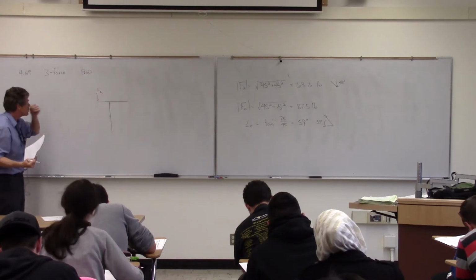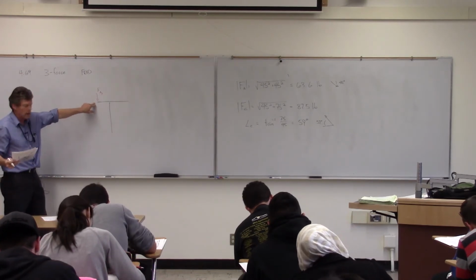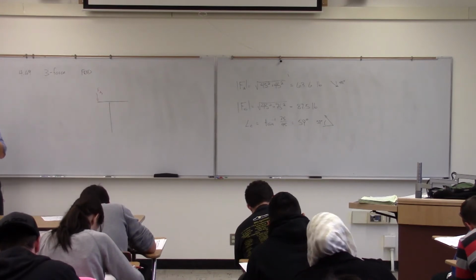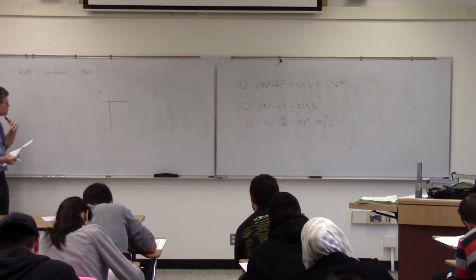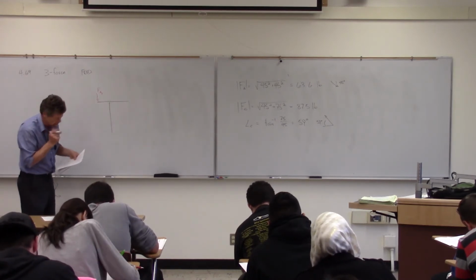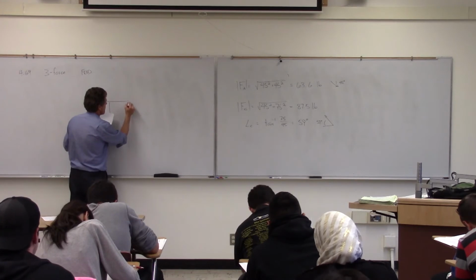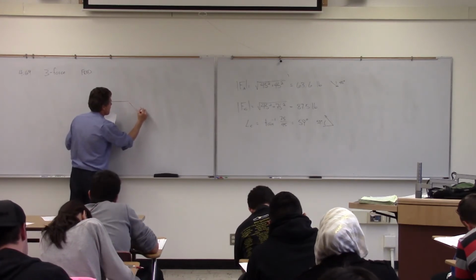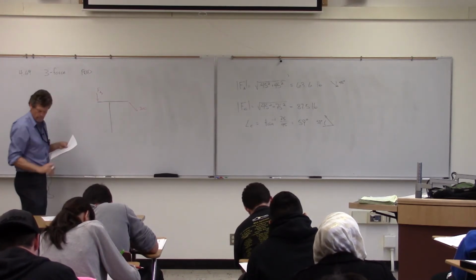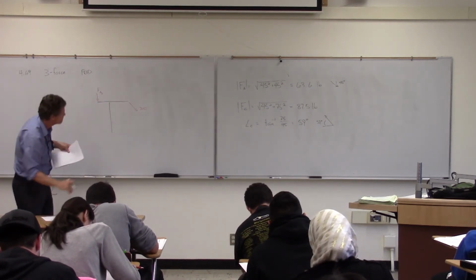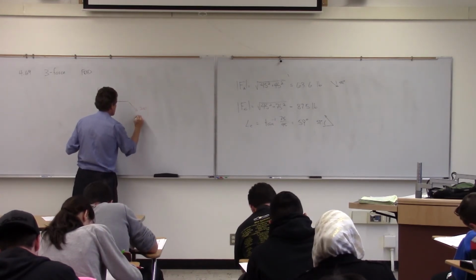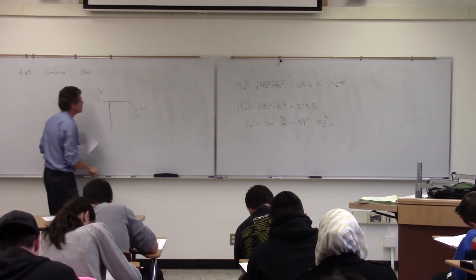Okay. So at A, we've got a roller support. We know then that force is going to be perpendicular to that surface, which is shown as horizontal. So my force will be vertical. I have my 300-pound force there, at 45 degrees.